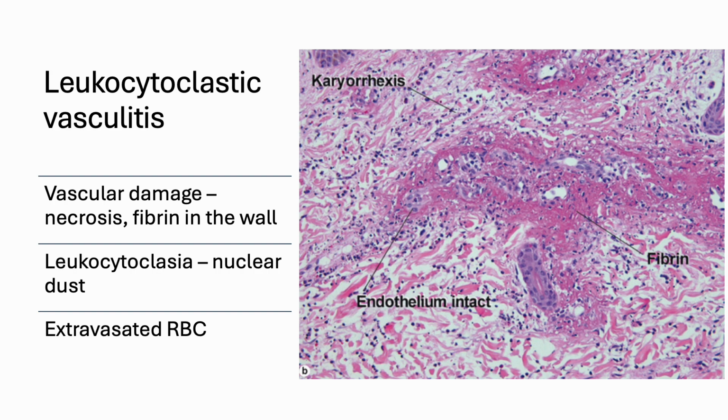And because the vessel wall was damaged, there can be abundant extravasated red blood cells inside of the dermis. And because the damage was induced by the neutrophils, you can see the neutrophils as well as the karyorrhexis, which is just the nuclear debris from the neutrophils. So those are the features of LCV.